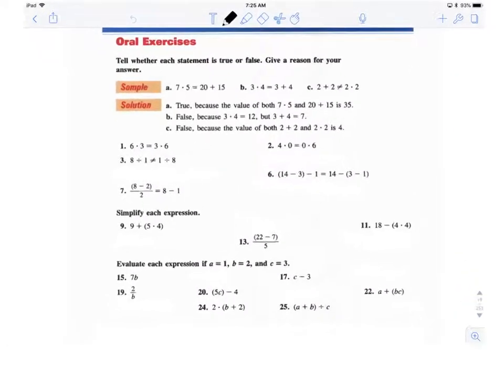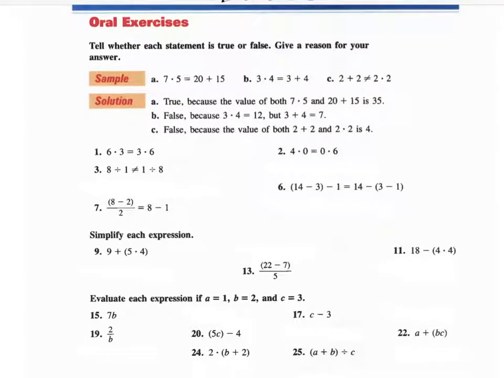Okay, let's try some of these examples here. All right, so for numbers 1 through 7, it's asking me to state if it's true or false. Okay, so number 1, 6 times 3 equals 3 times 6. Is that true or false?